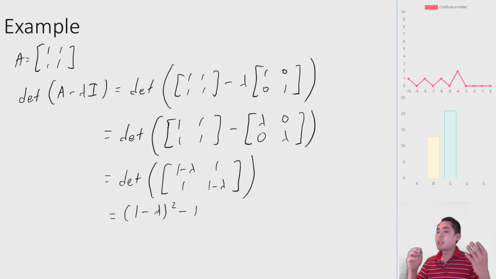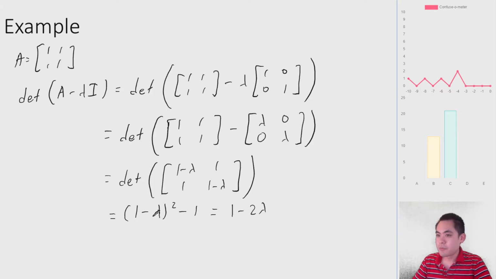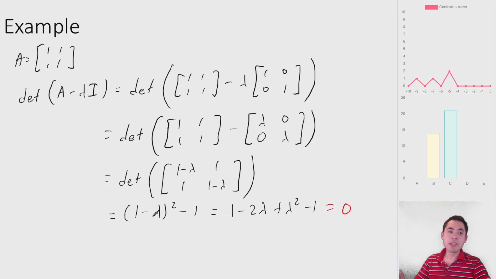Note that here we're taking a determinant where we have a variable inside. We don't know this value of lambda, but we know that it's some number, and we're going to still take the determinant and just work through it with this unknown. So when you do this, you get 1 minus 2 lambda plus lambda squared minus 1, and this is equal to 0, because we're assuming that lambda is some eigenvalue.